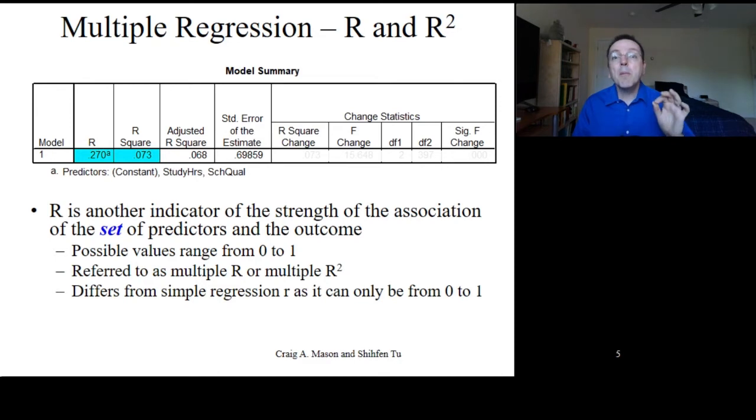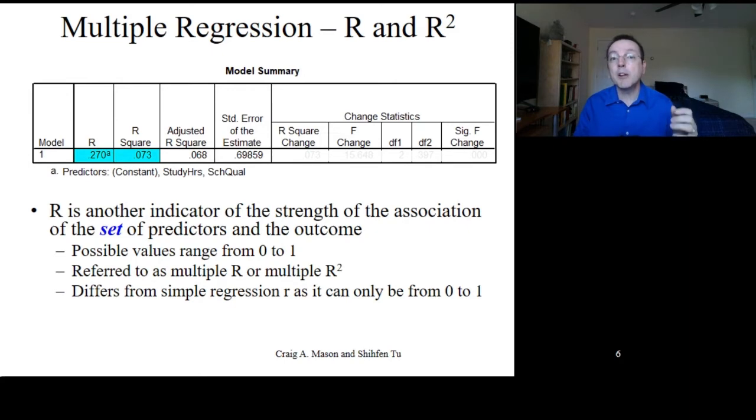Now, remember, in simple regression, the R, our lowercase r, ranged from -1 to +1 and indicated the strength and the direction of the association between a single predictor and the outcome. But with multiple predictors, R, now our capital R, can't indicate the direction of the association because some predictors may have a positive association and other predictors may have a negative association.